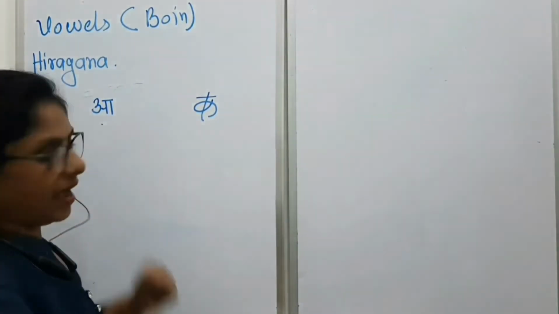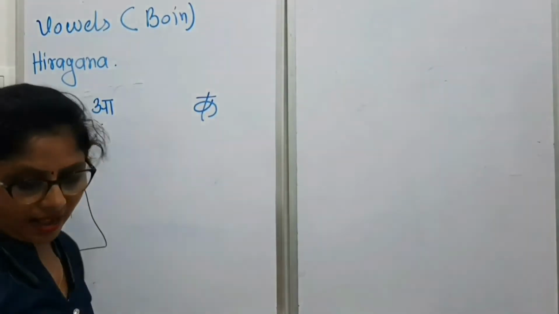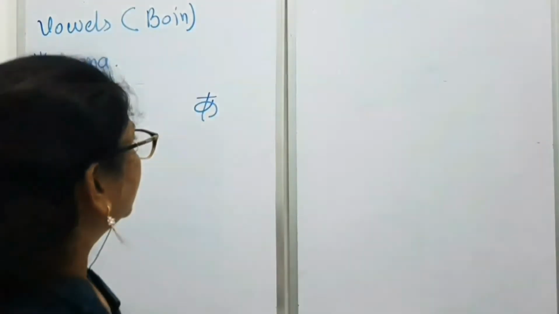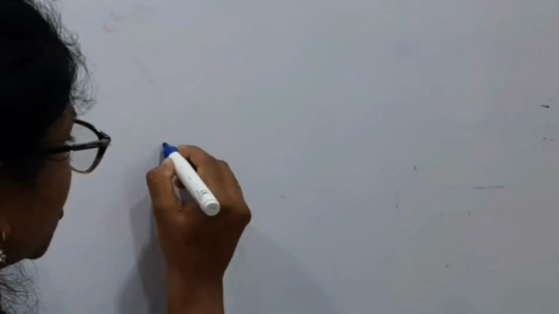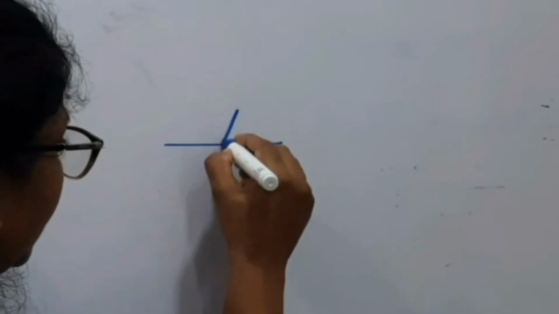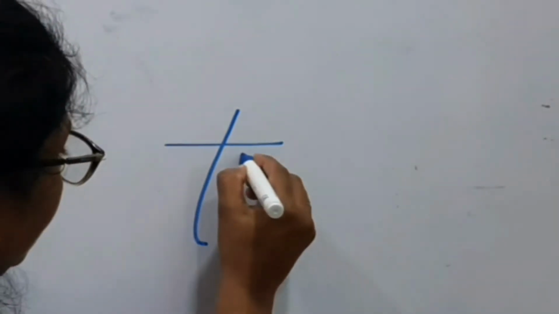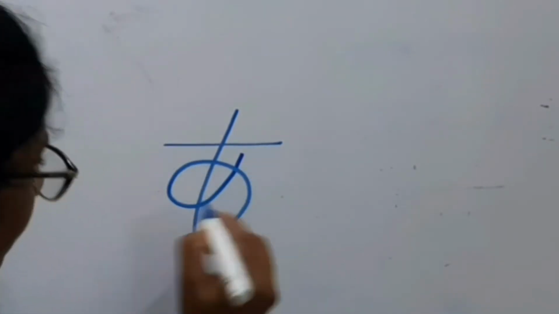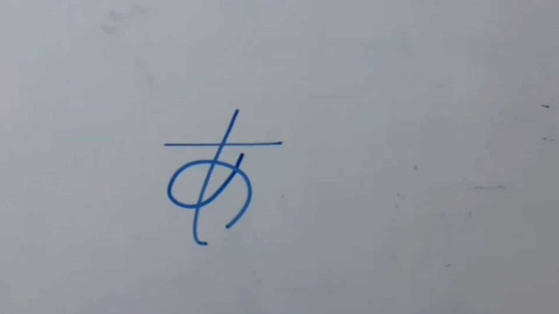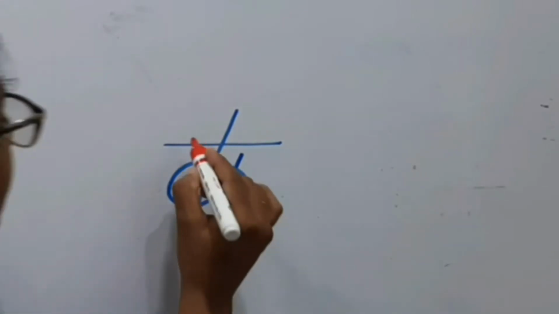This is A. If you want to understand the stroke order, we write first the short horizontal line, then the long, slightly curved vertical line, and then this.